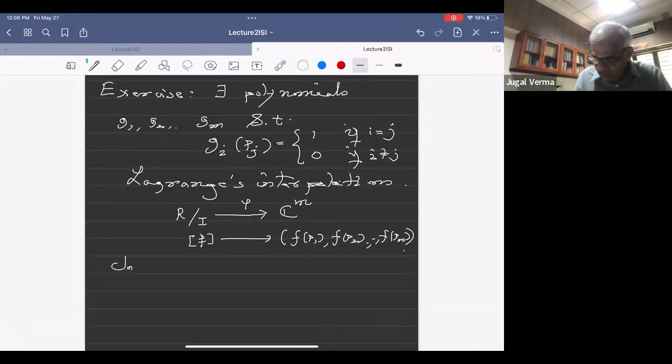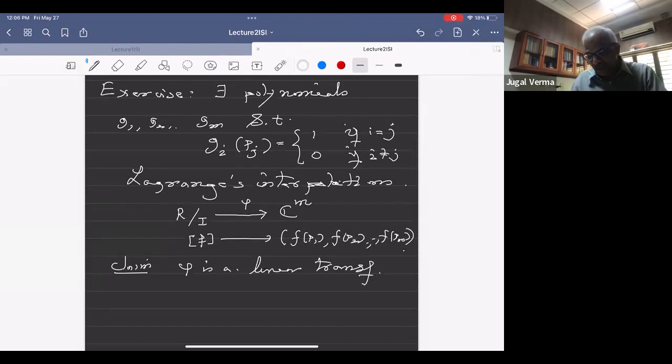Claim: phi is a linear transformation. C^m is a finite dimensional complex vector space, because I am assuming V(I) is finite.